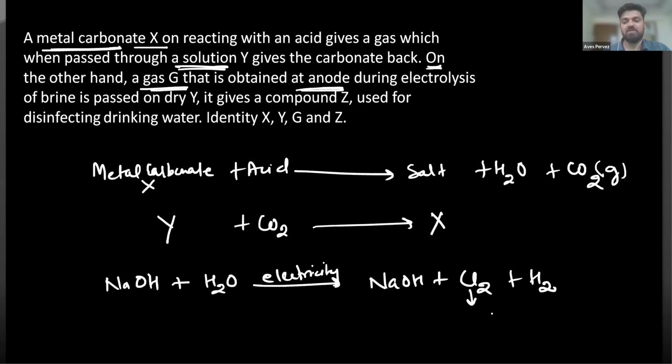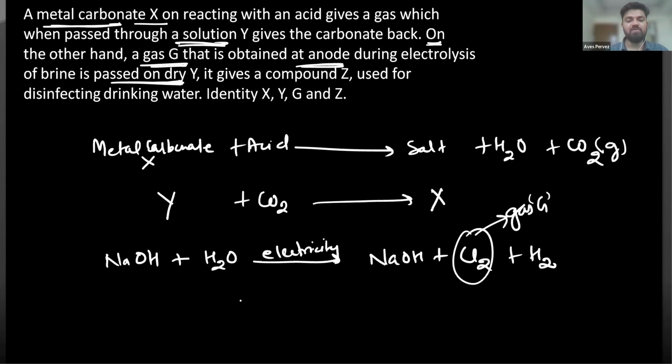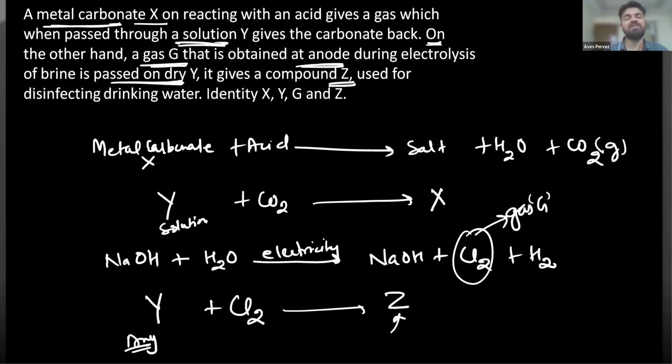So this is gas G. Now, when this gas G is passed through dry Y, it gives a compound Z, which is used for disinfecting, for killing germs.